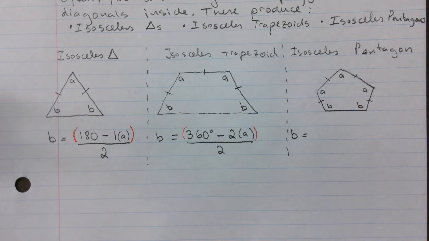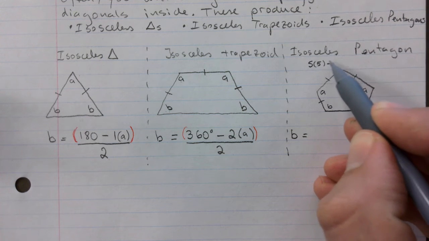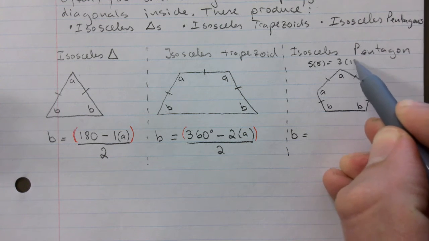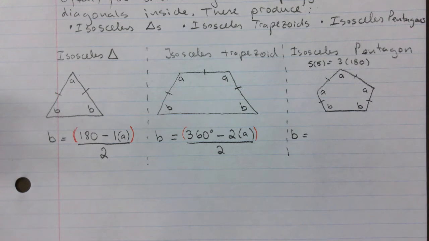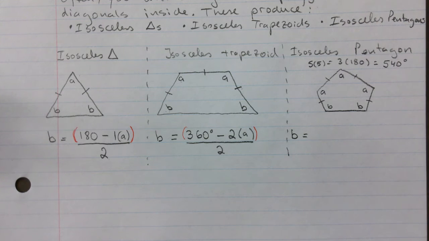Not quite, that's a hexagon. Remember the formula? The sum is (n minus 2) times 180, so 3 times 180. What does that add up to? 540.